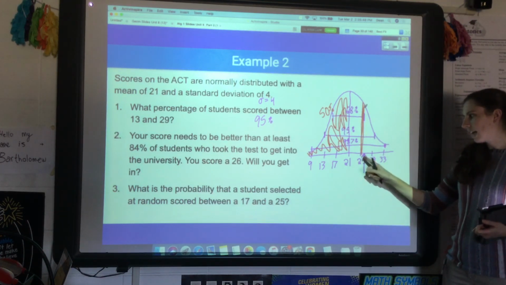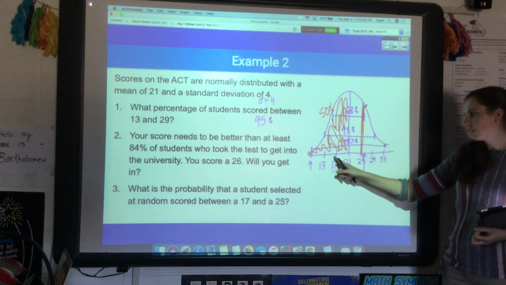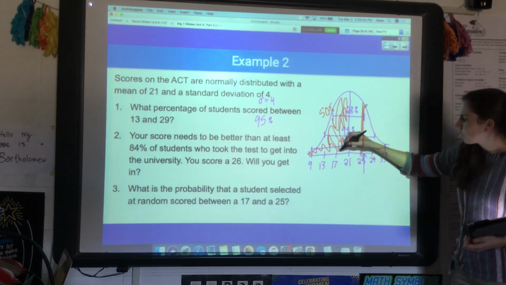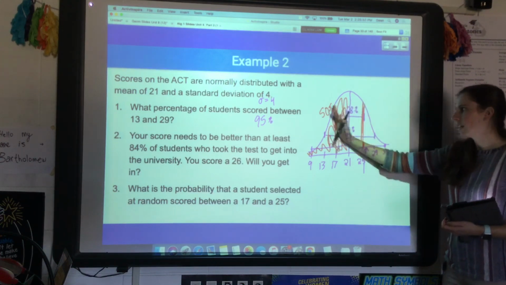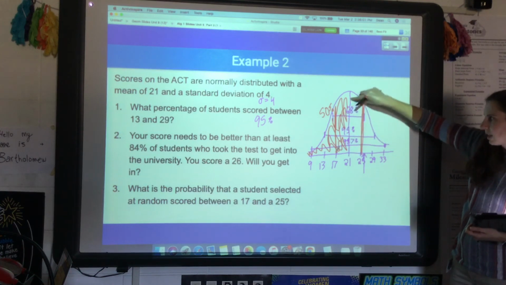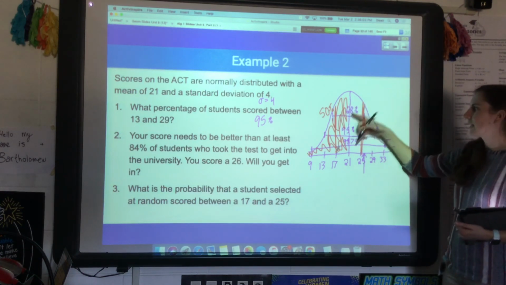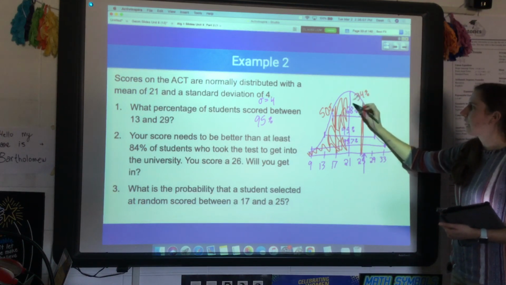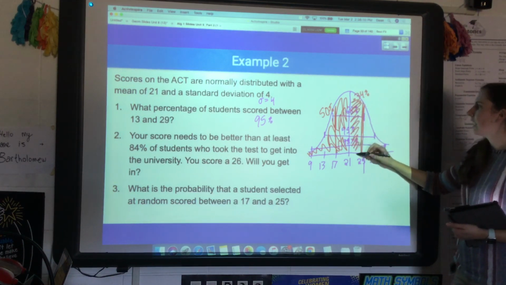Again, the only thing I know that has to do with 25 is that from 17 to 25 is 68% of the data. So I know like from here to here is 68%. So if I want just this sliver, I'm gonna have to cut that in half, and 68 cut in half would be 34%. So like this little sliver right here is 34%.